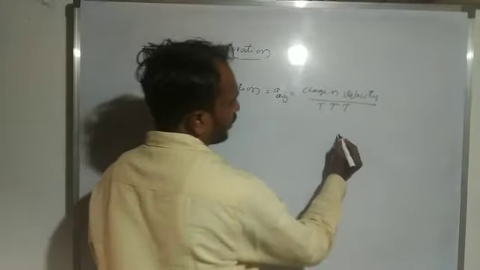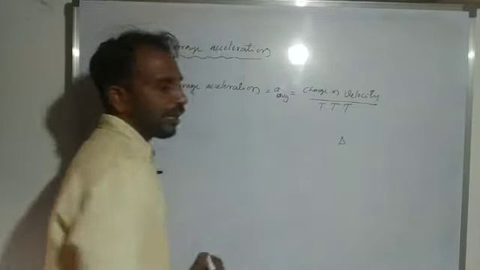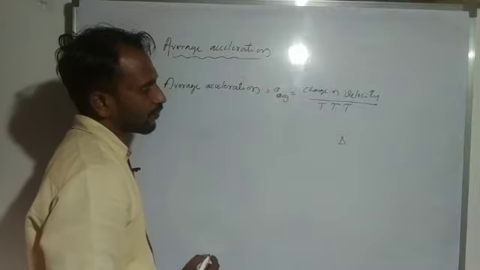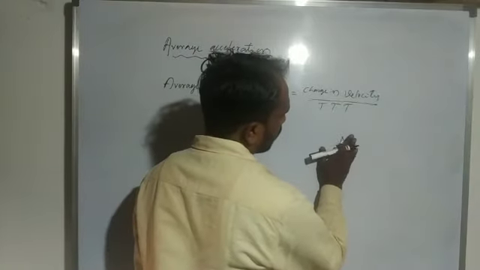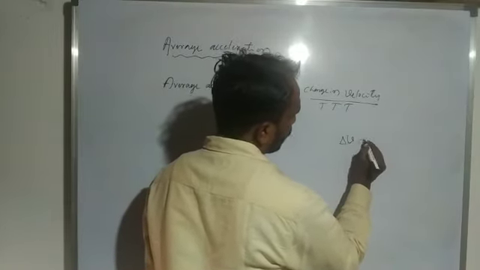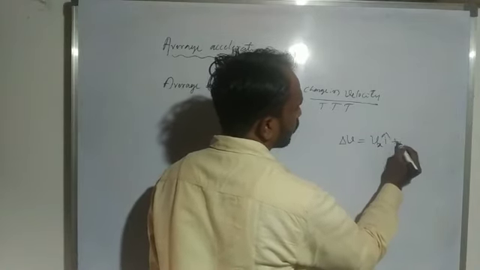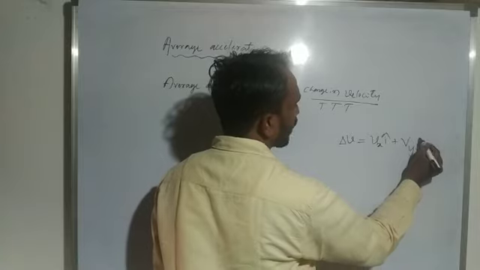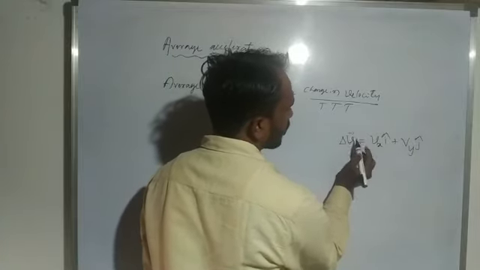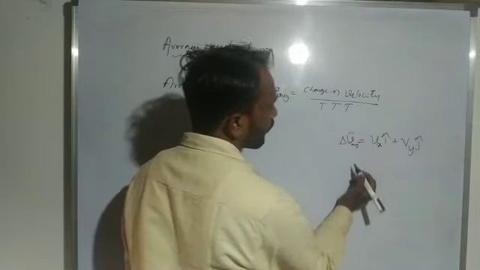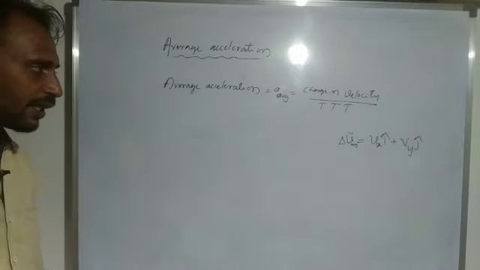You already know that delta v is equal to Vx i cap plus Vy j cap. This is the average velocity in a plane.